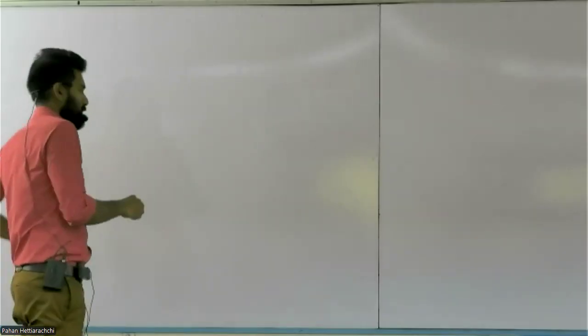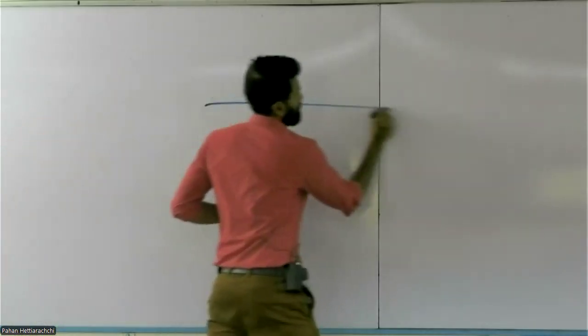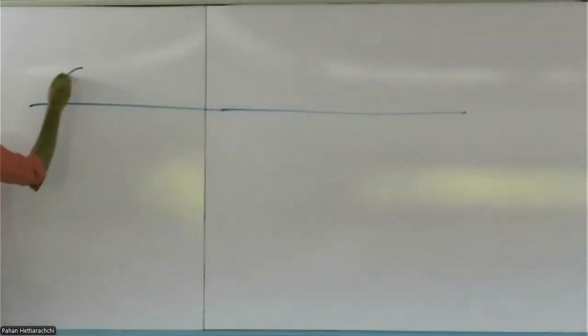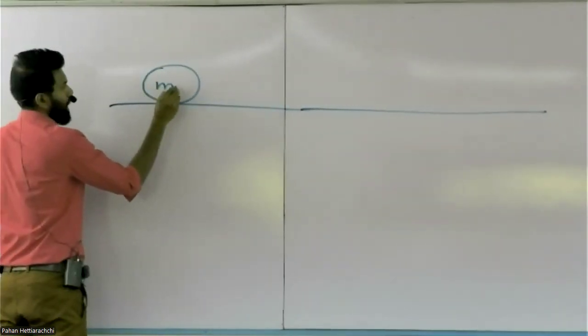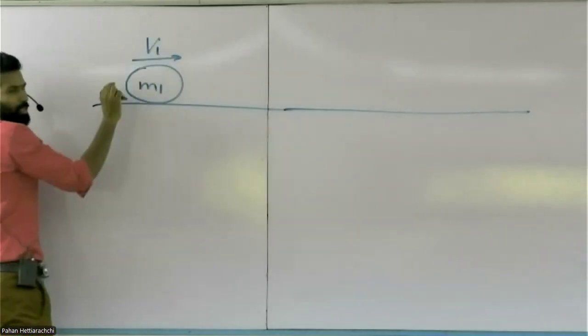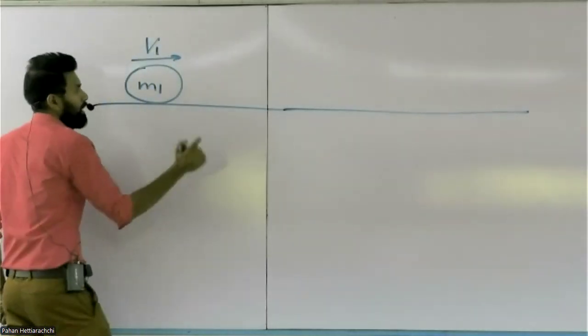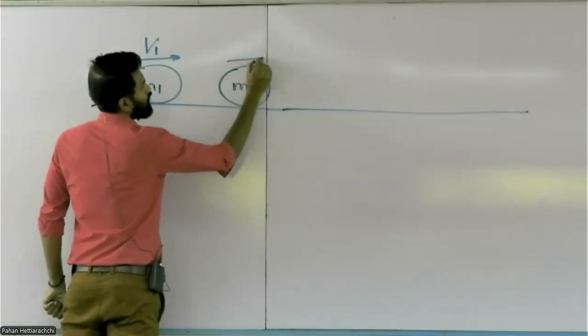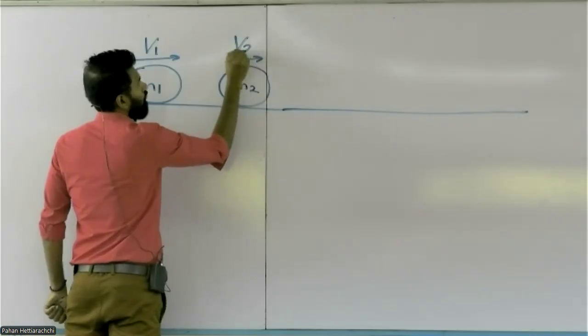Okay, see it like this. Now there's a mass m1 with a velocity v1. This is moving to the right side. And there's a mass m2 with a velocity v2.